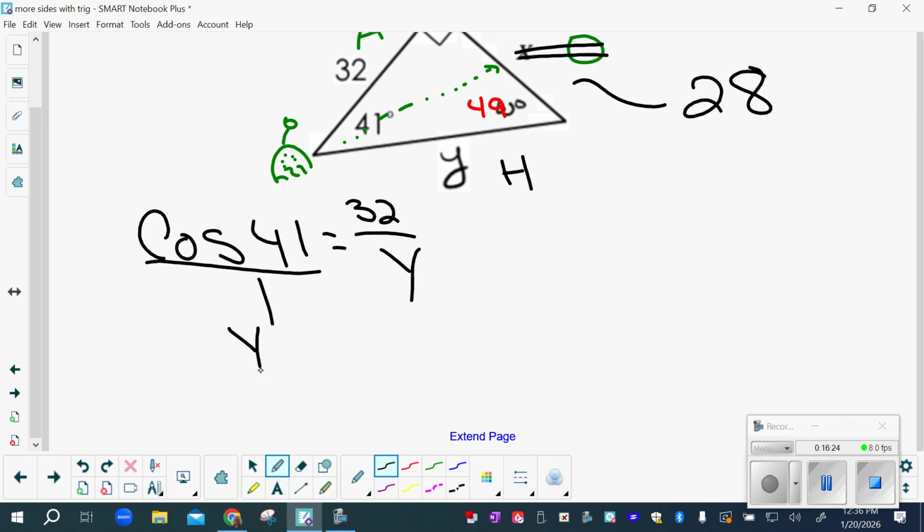So what I'm going to get is y equals 32 over cosine 41. 32 divided by cosine 41. You get like 42? We feeling it? 42? Okay.